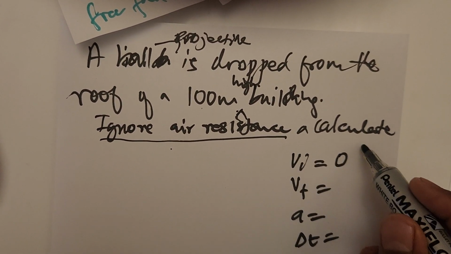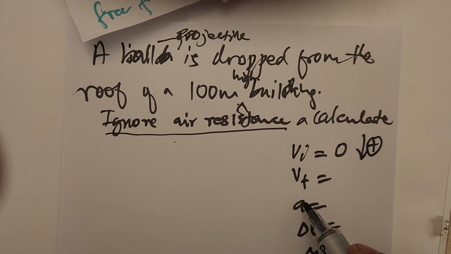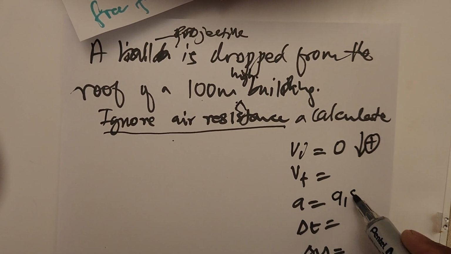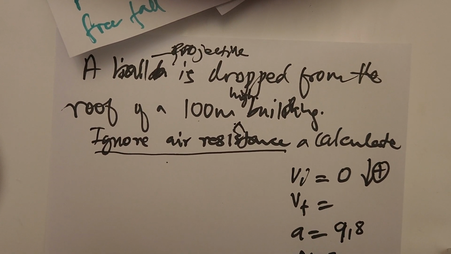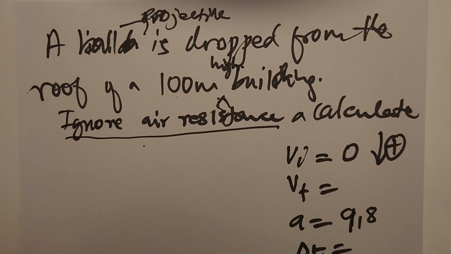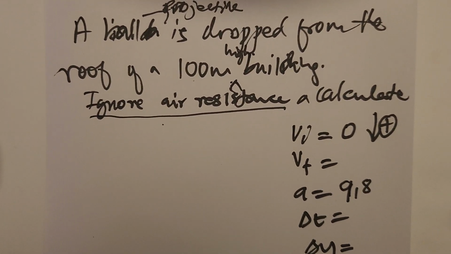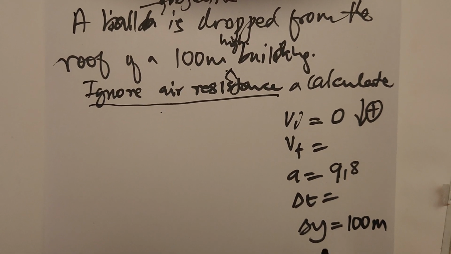Vi is downwards. Then I take downwards as positive. Then A will be positive 9.8. Fine. What else is given from the statement is the height of the building. It's 100 meters. Now I'm given 3.